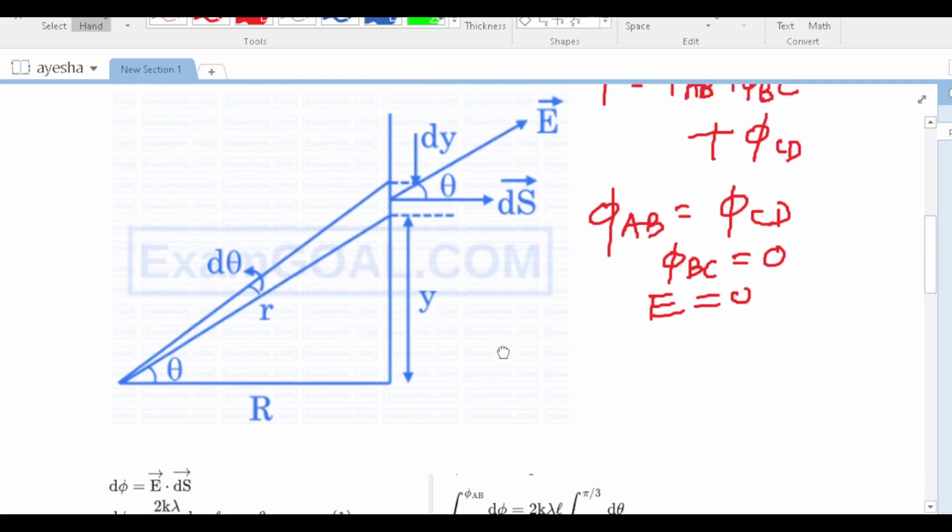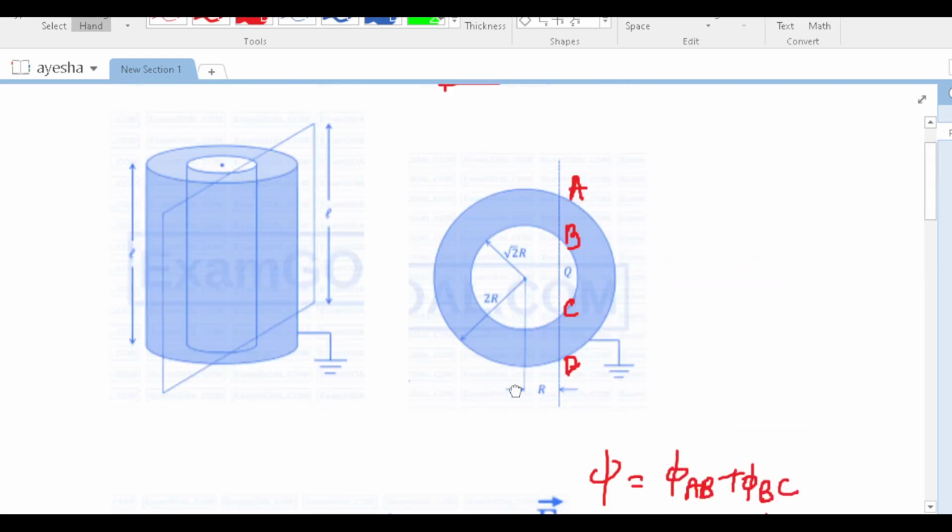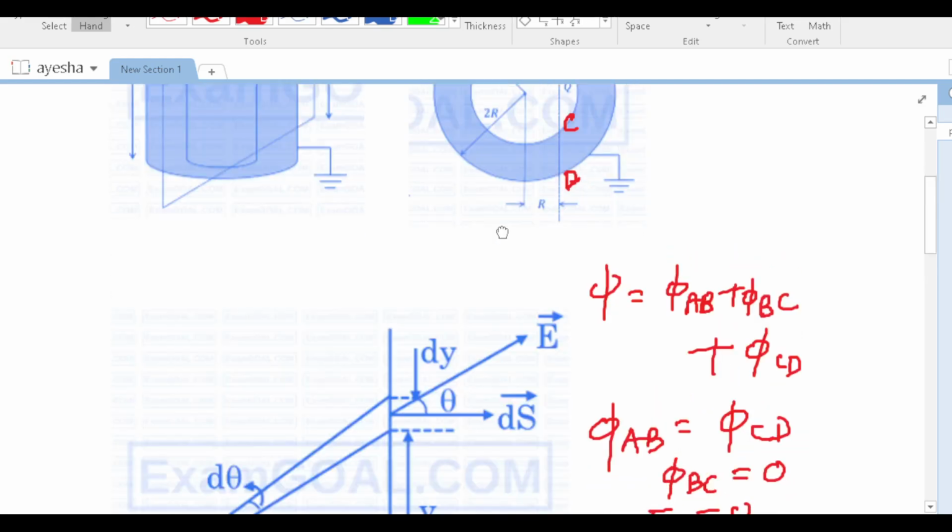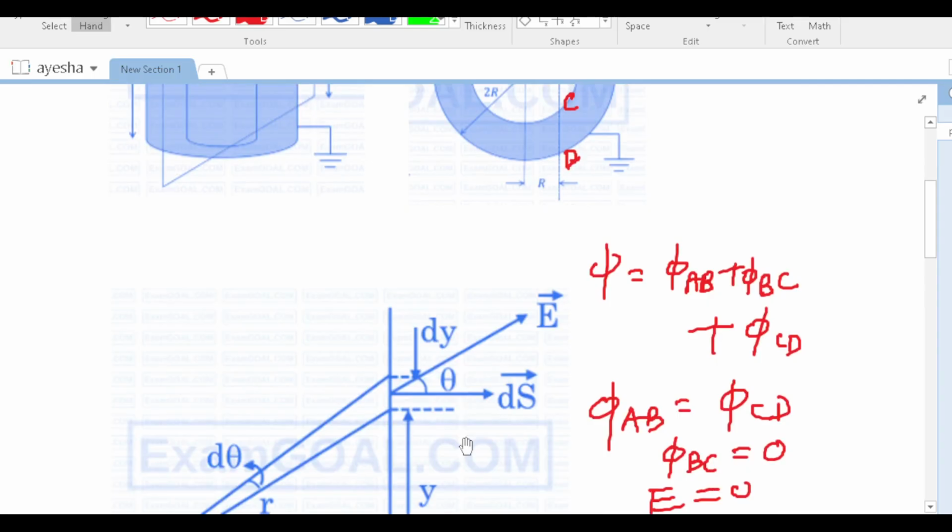As you can see here, this E is in the radial direction. That means it will have two components, one in the horizontal direction and one in the vertical direction. Because you are considering two sections, AB and CD, the vertical components will cancel each other and only the horizontal component will survive.